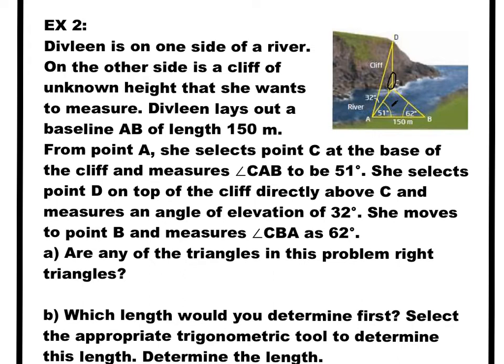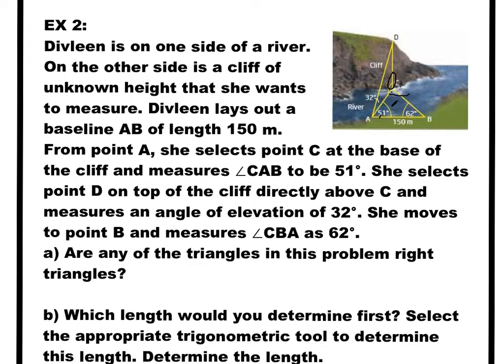When I have the side AC, then I can use the angle 32 in triangle ACD, the side AC, and the tan ratio to find the height, which is DC. So the length to find first is AC.